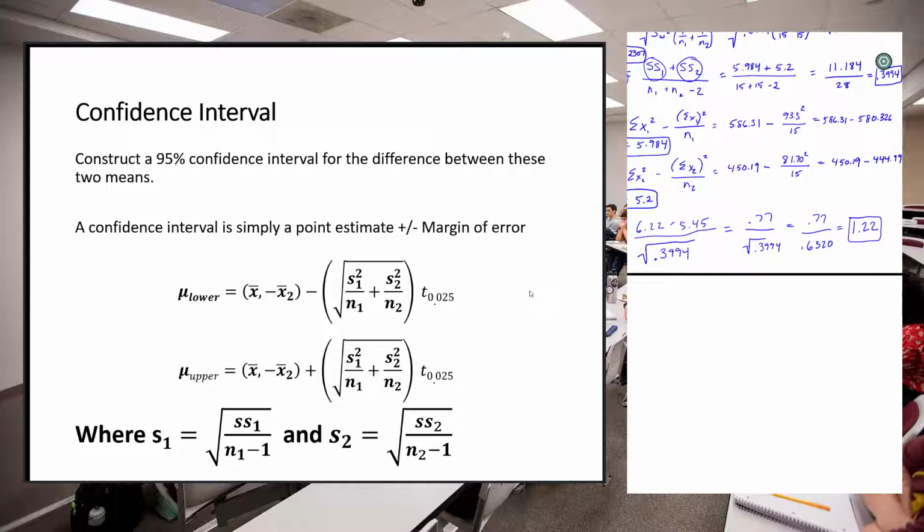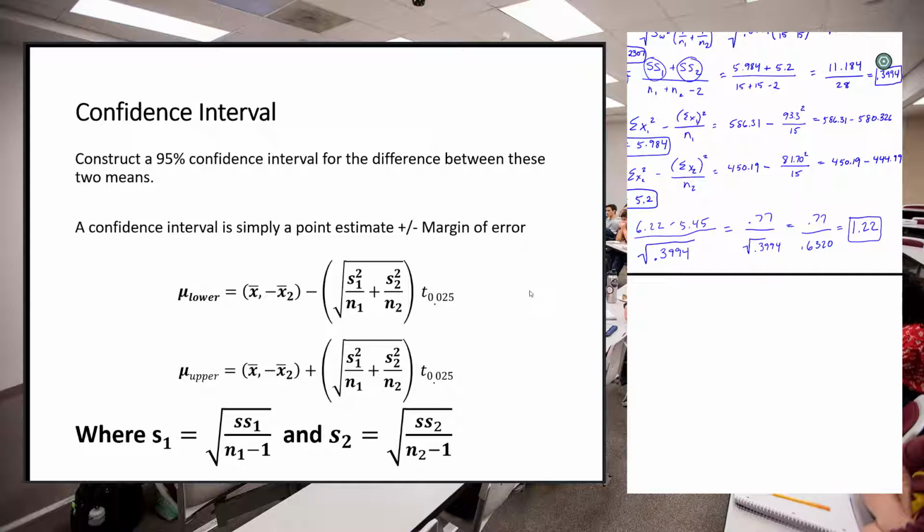And so we have the lower boundary of that confidence interval is equal to x1 minus x2, the sample means, minus the square root of the standard deviation squared, in other words, the variance, of sample 1 over n of sample 1, plus the standard deviation squared of sample 2 divided by the sample size of sample 2, times the t value that will cut off 0.025 in the tail.